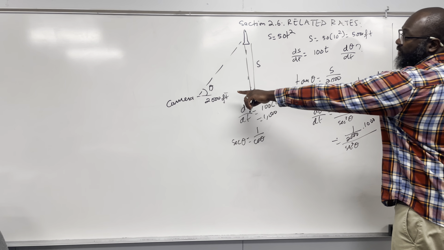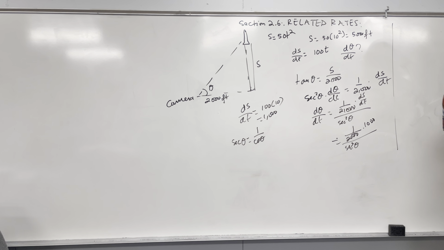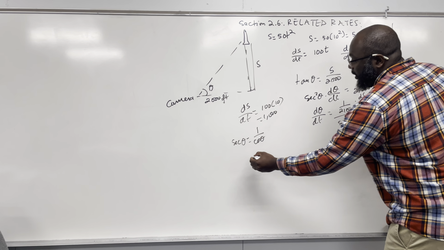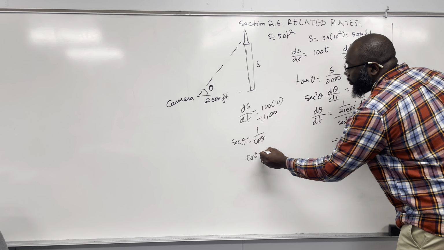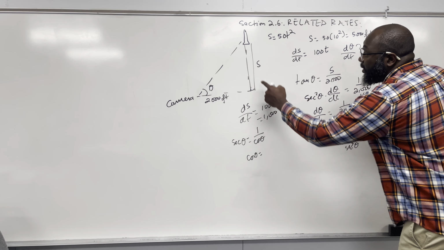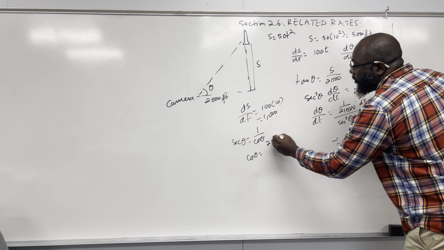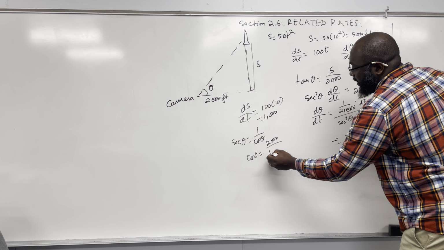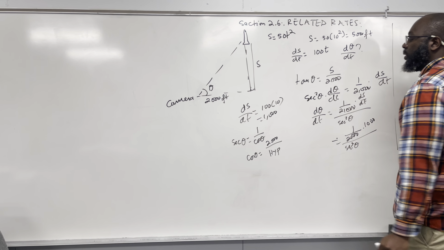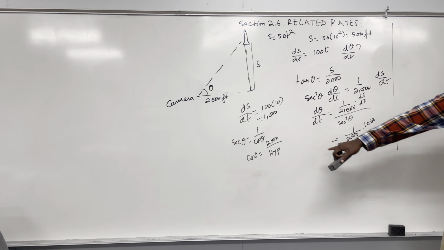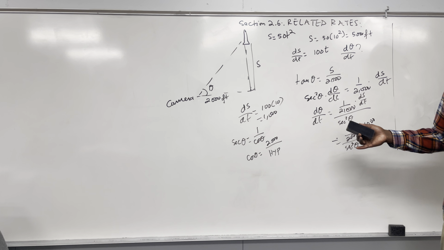So cosine of theta is what? How do you find cosine of an angle? It's adjacent over hypotenuse. So cosine will be adjacent, which is basically 2,000, over hypotenuse. We need to find the hypotenuse, so we're gonna use again the Pythagorean theorem here.